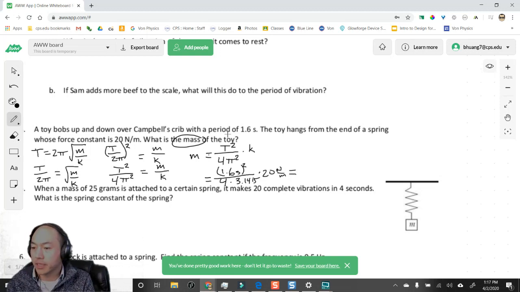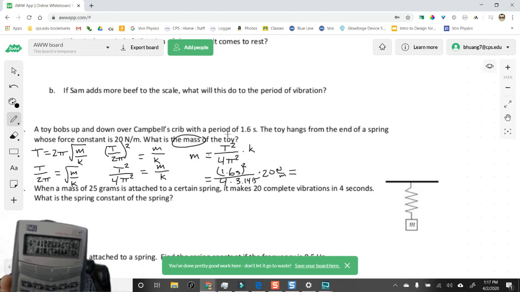I'm going to do this right now with you guys. So 1.6 squared divided by 4 equals that, divided by 3.1415 gives me that, multiplied by 20 gives me 4.07, right?